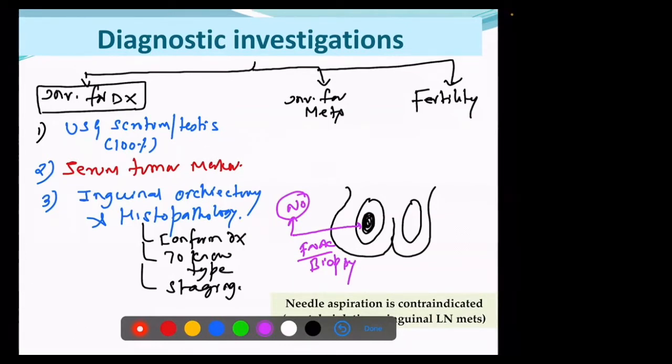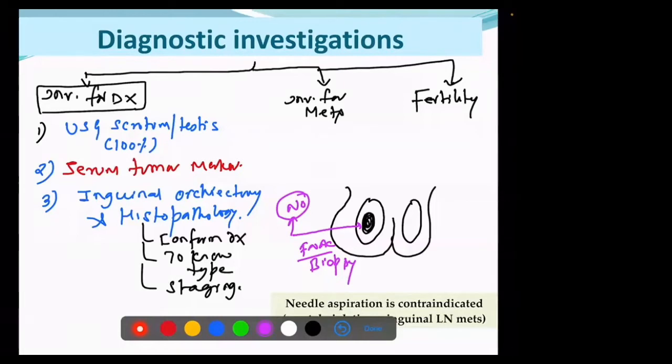That means later on, the testicular tumor may go to the inguinal lymph nodes as well. And the problem of metastasis to the inguinal lymph nodes is that you have to remove them during surgery, and that creates a lot of local complications.